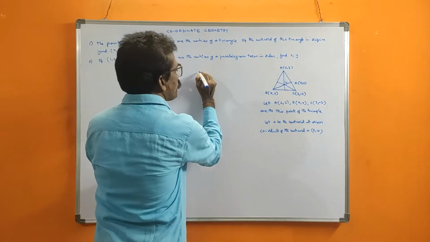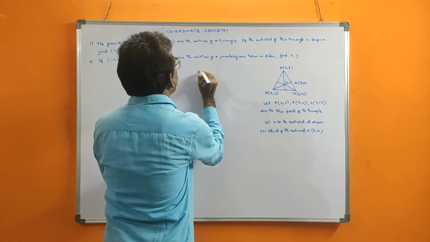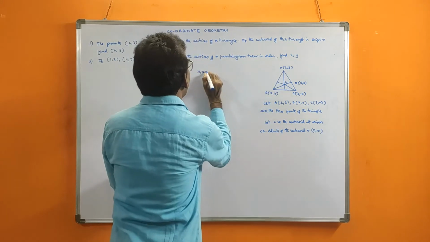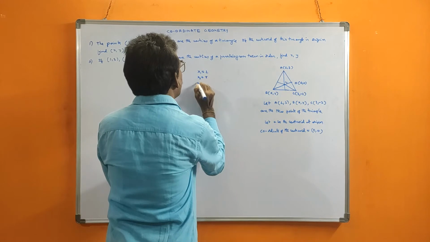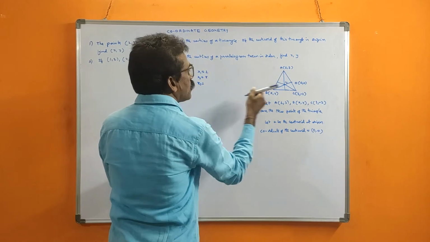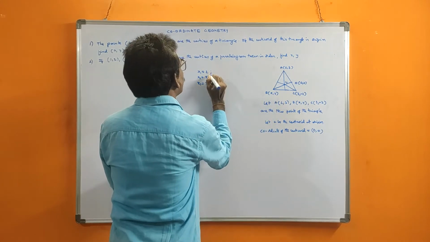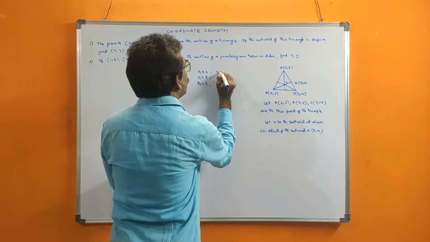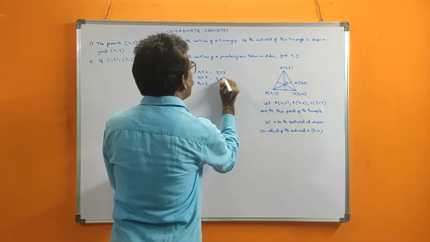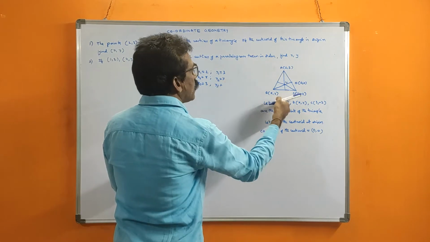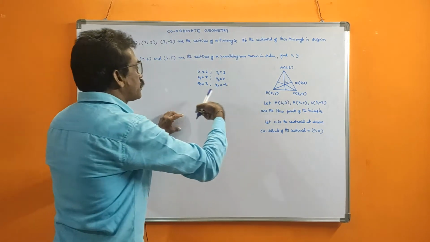Now x1 is 2, x2 is x, x3 is 3; y1 is 3, y2 is y, y3 is -2. These points we know.